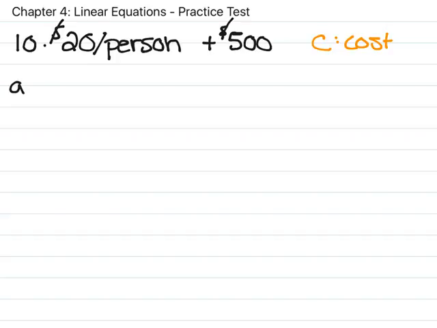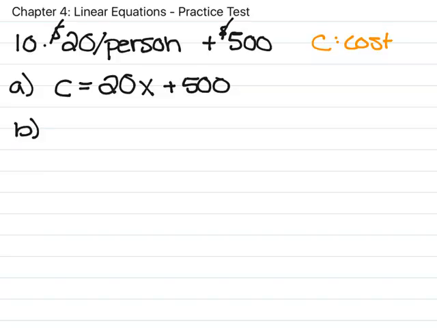So for part A, the cost is going to equal 20 times the number of people plus 500. For part B, they're telling us that if there's 60 people, what is the cost?